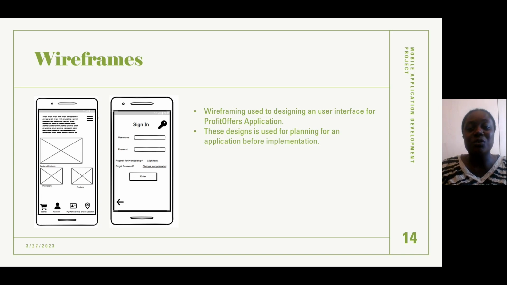The wireframes: it is important to sketch the wireframes before developing an application. An example of the wireframing is shown on the presentation, which includes the homepage and sign-in activity.